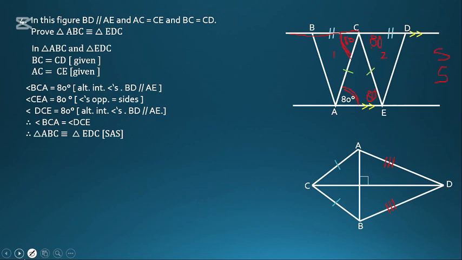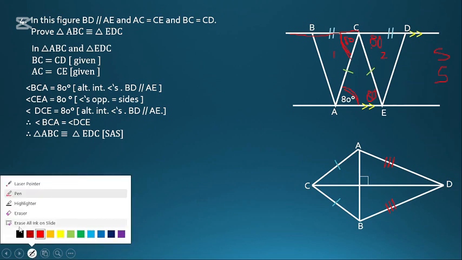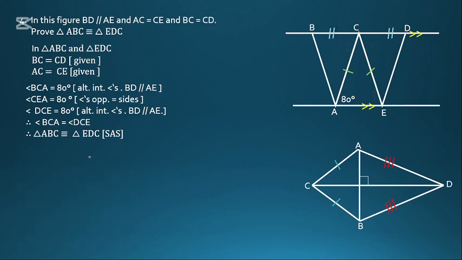So you see, we start like this. Let me first clean that eraser. BCA is 80. They say there, alternate interior angles, right? Because BD is parallel to AE. So we have that one.